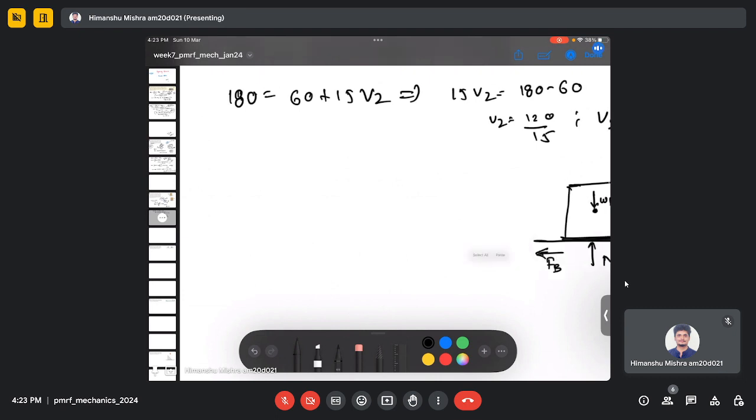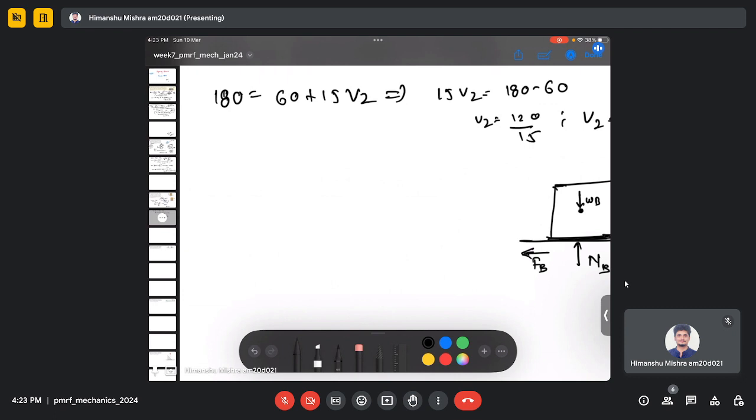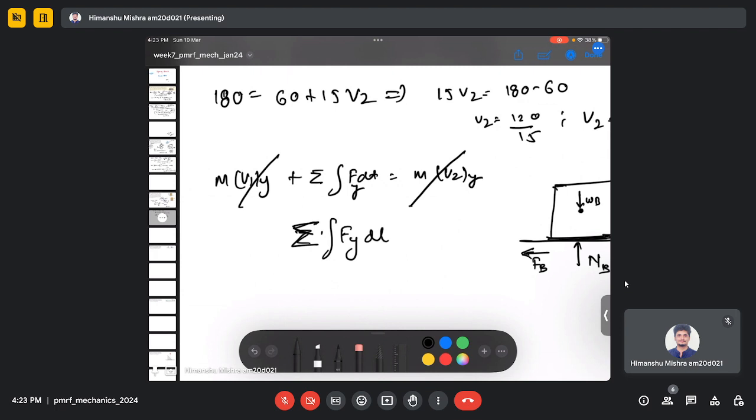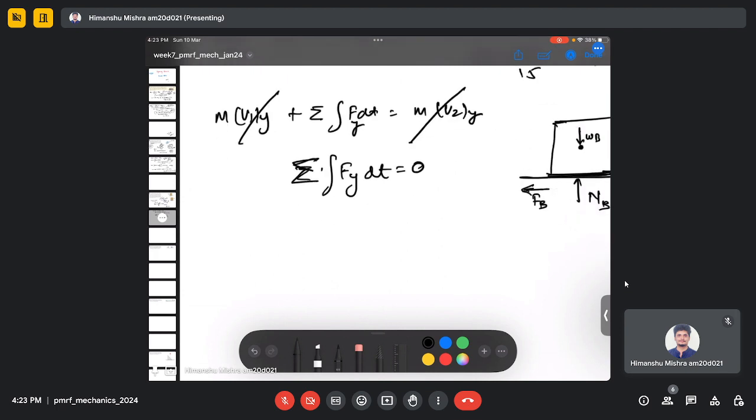Now if I use the impulse momentum equation in the y direction, I can write m v1y plus the impulse equals m v2y. There is no vertical motion of this block, so both of these will cancel, and we will have only the summation of force multiplied by delta t equal to 0.